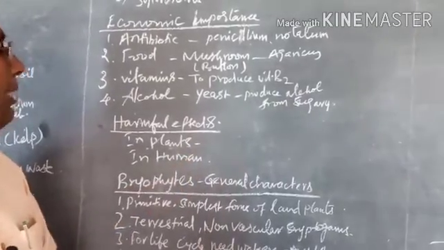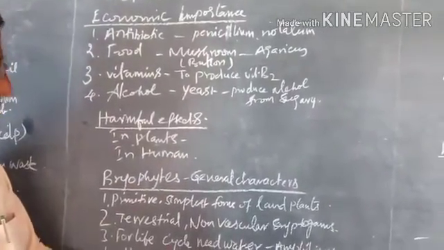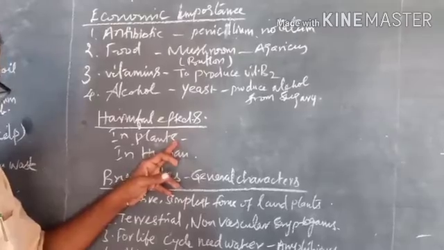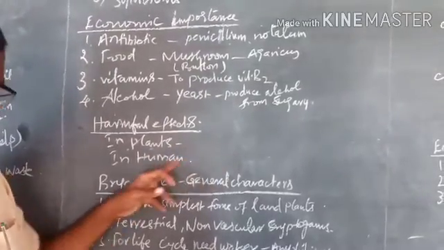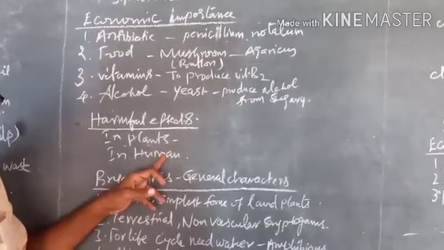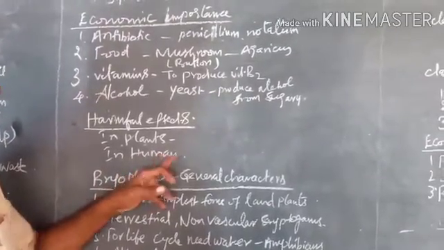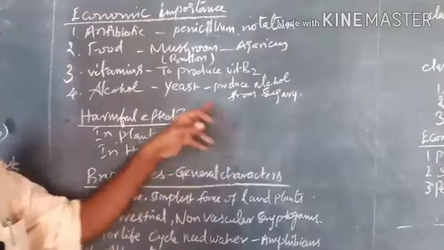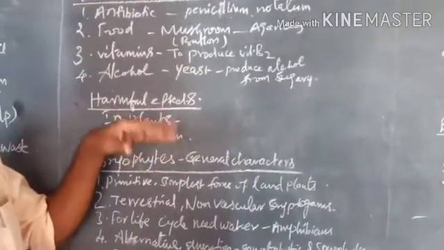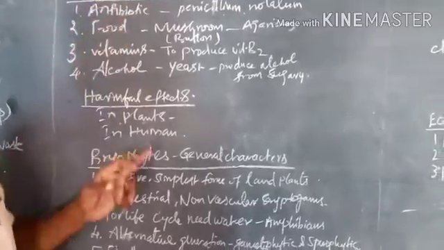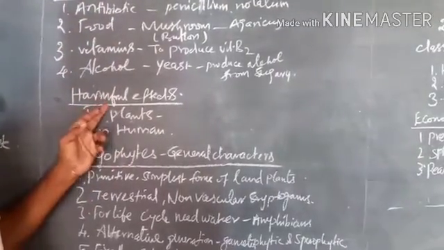In humans, Trichophyton causes ringworm and Microsporum causes dandruff. Then Tinea pedis causes athlete's foot. So fungi give us both economic importance as well as harmful effects.